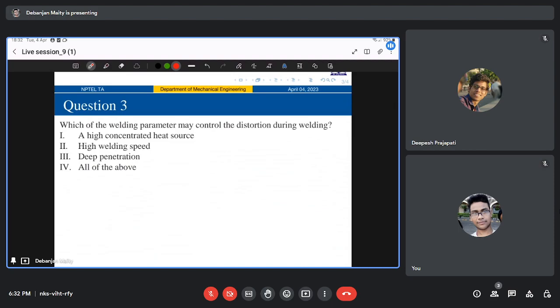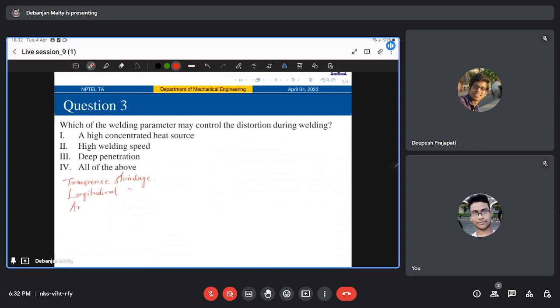So what are the different kinds of weld distortion? There can be transverse shrinkage. Then you have what more? Longitudinal shrinkage. What more?